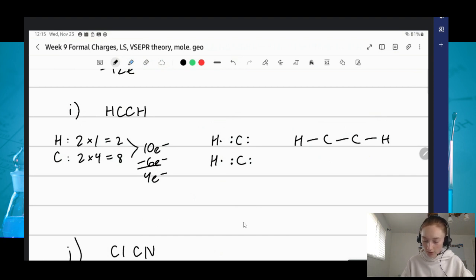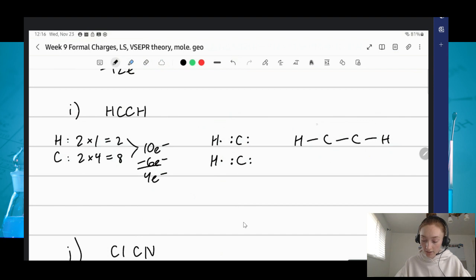But it doesn't look like that would satisfy it, because each carbon needs 4 more, and we need 8 more. So that's an indicator that we need 8 electrons to satisfy what this is at right now, but we only have 4. So we need to add more bonds.